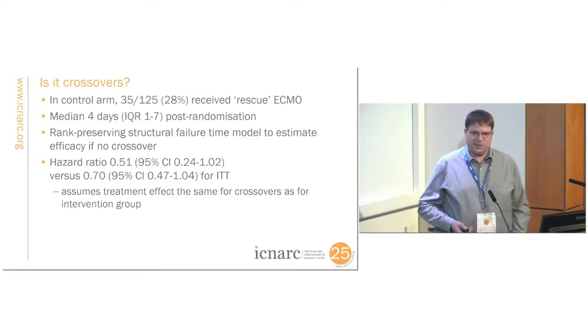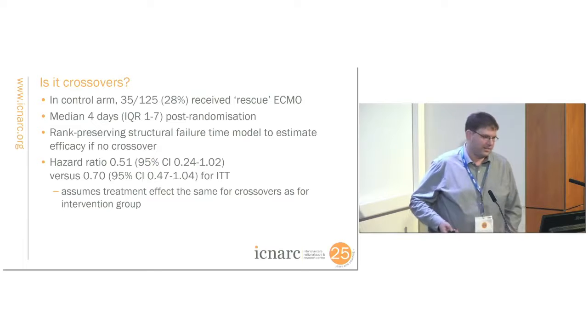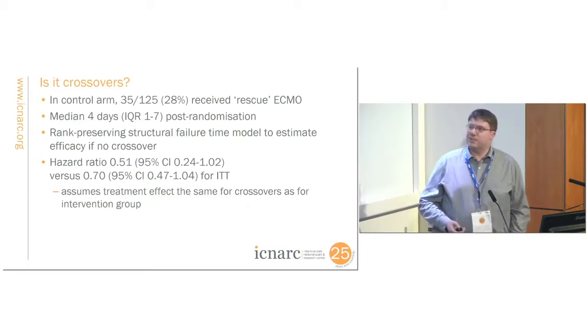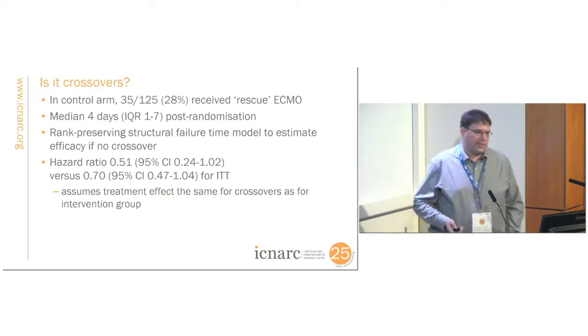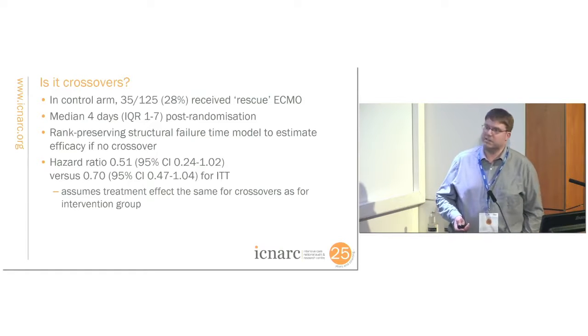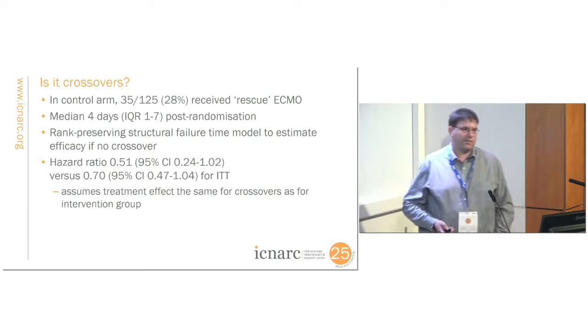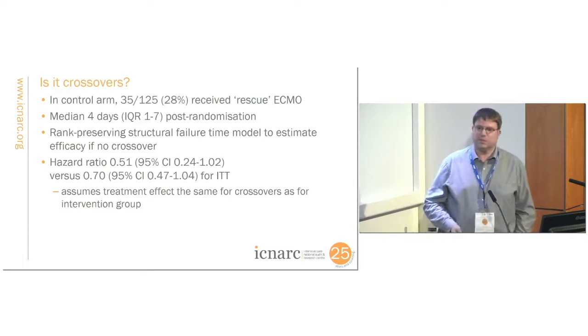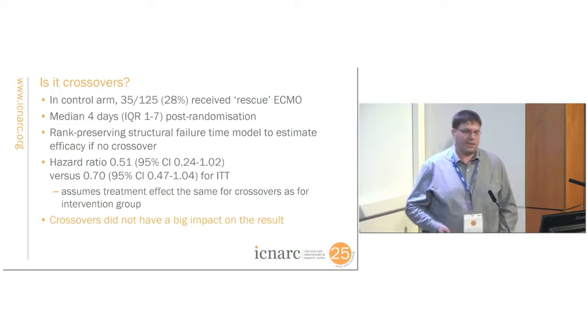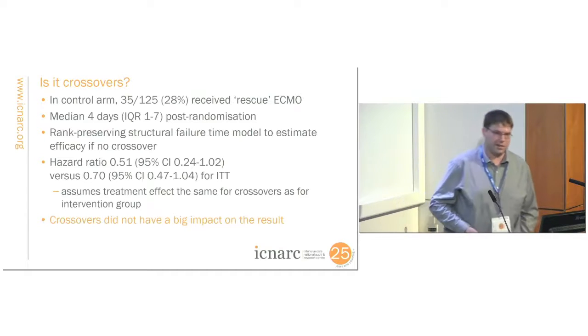I think to assume that ECMO is going to be as effective delivered after 4 days as delivered within 2 hours is a very strong assumption. So the fact that it hasn't really made a particularly large difference to the results, even applying that very strong assumption that the crossovers would do as well as if they'd been assigned to ECMO in the first place, means that I would say the crossovers didn't really have a big impact on the results of the Aeolia trial.